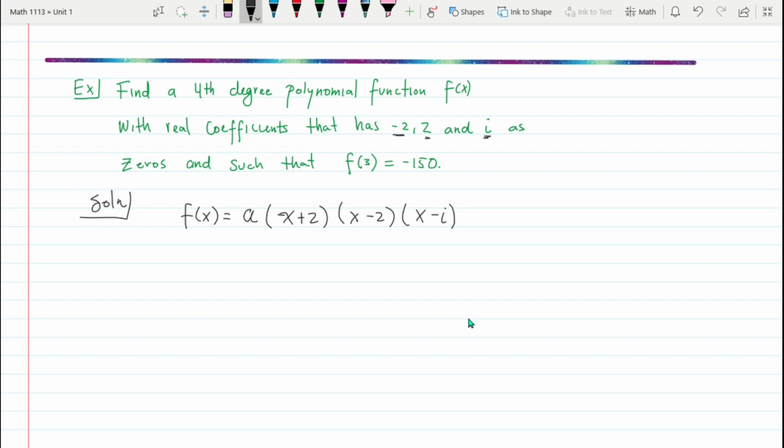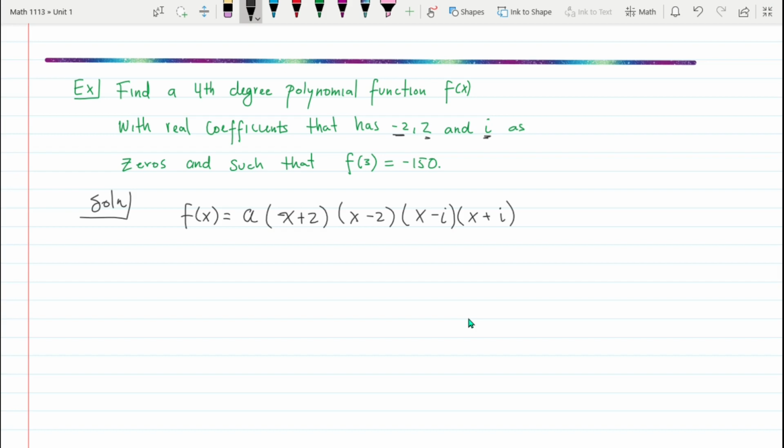And remember what we talked about in the properties of the roots, that whenever you have a complex number as a root, then its complex conjugate is also part of that. Therefore, x plus i is also a root. And now we have 4 different zeros, so we can count them.